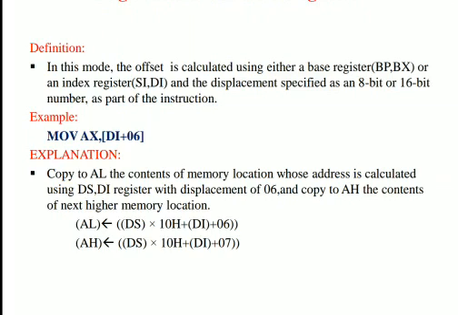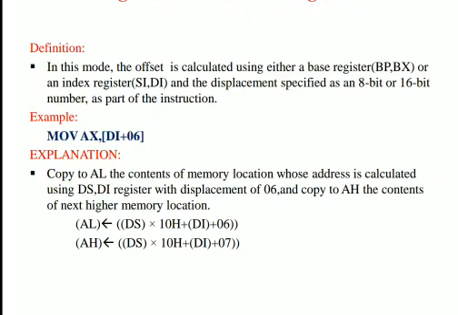See the example, MOV AX, [DI+06]. Here 06 is the 8-bit data used as a displacement. We can also use 16-bit data. Here the memory location is calculated by using the data segment register and the destination index register plus the displacement.